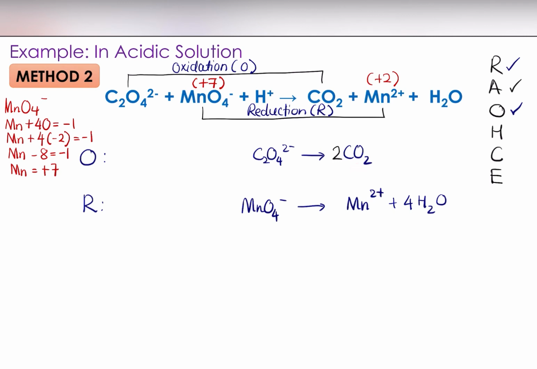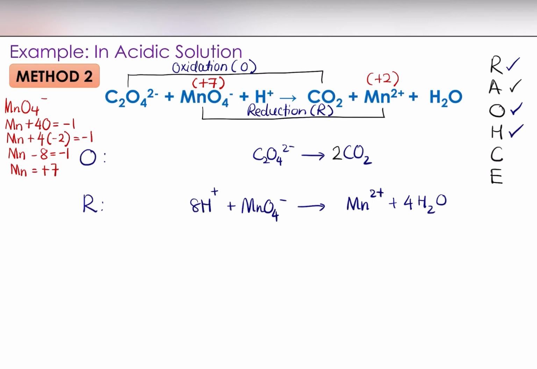No. Next one, for reduction, I have nothing on my left, but I got H2 here times by 4, so 8H here. So what I'm going to do, I have to balance on my left. How many of H plus? I have to put up positive H plus. So I put positive 8H plus.